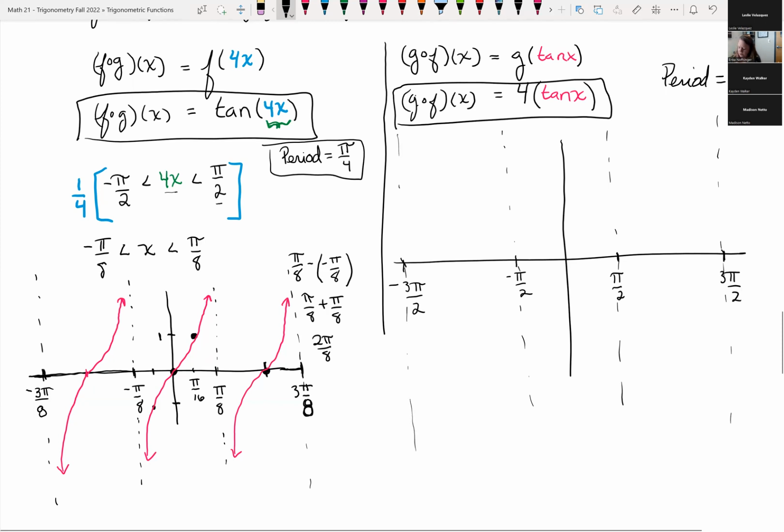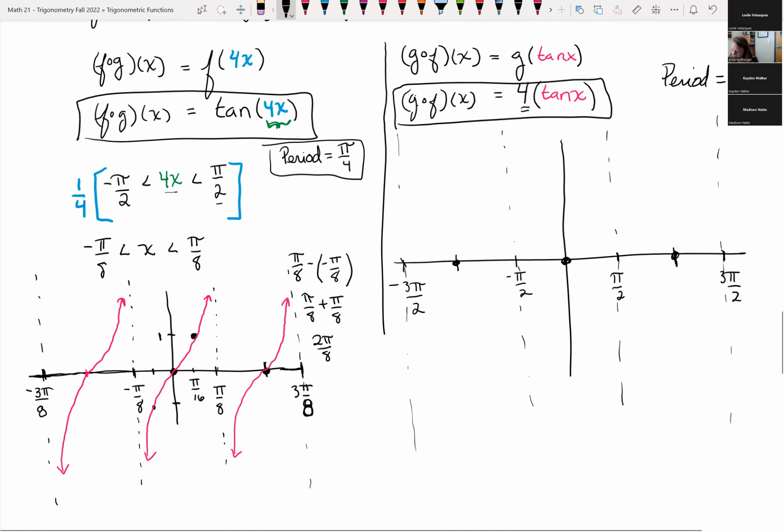The midway point is where it's crossing the x-axis between those asymptotes. So at the origin, at pi, negative pi. Those values, though, where tangent of x was equal to 1, we're now multiplying by 4.